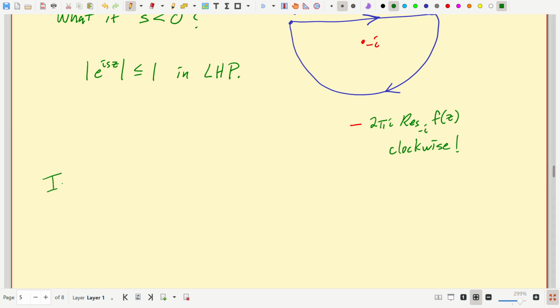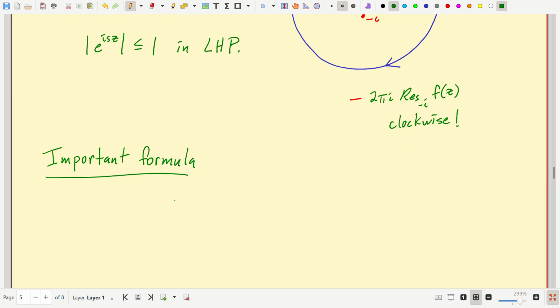So I'll tell you an important formula to keep in mind. That calculation we did can be done more generally.